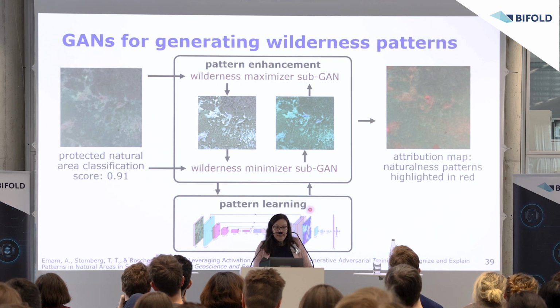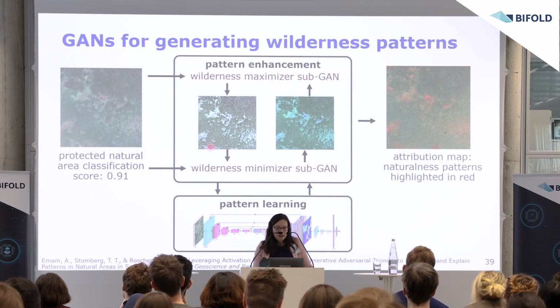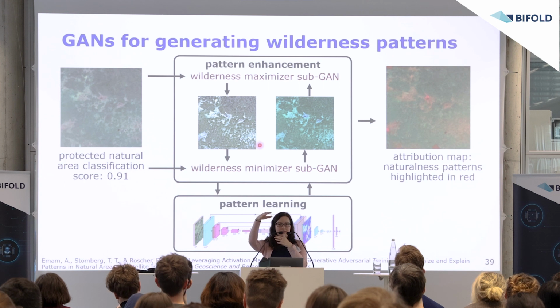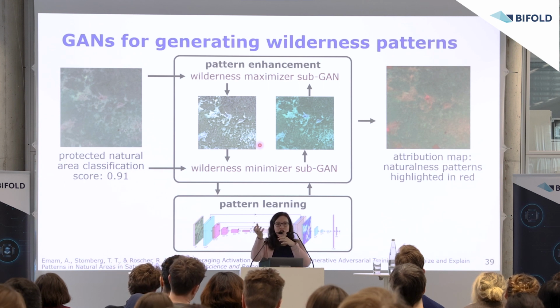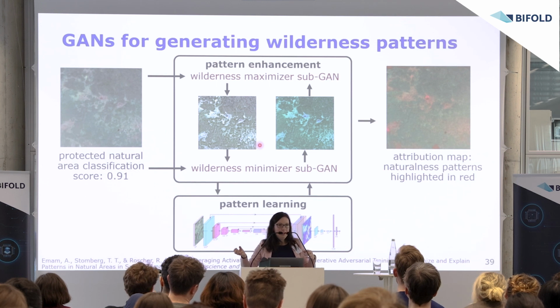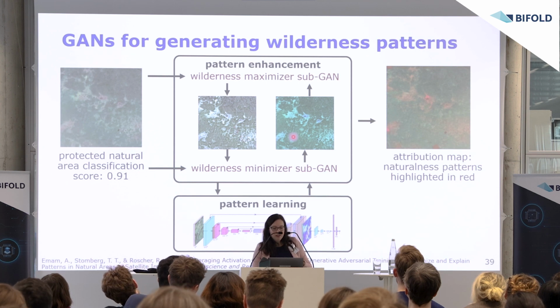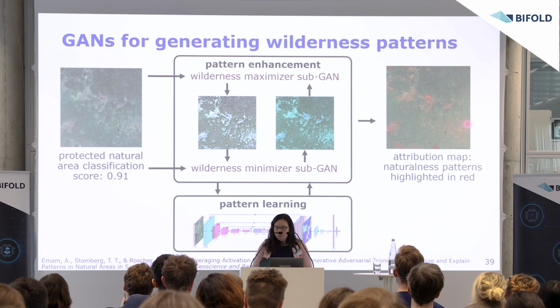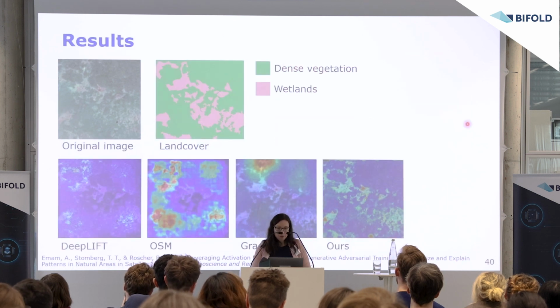And then you can use a generative model which increases the score, so it maximizes all the patterns in the image. And on the other side, you have a generative model that minimizes the patterns, that means it minimizes the score for the specific class. And we compared it also with different approaches.